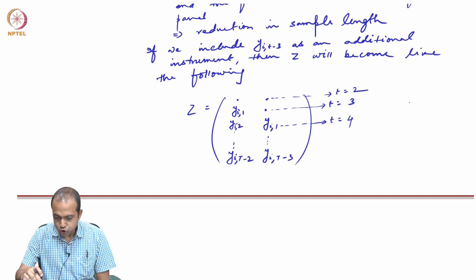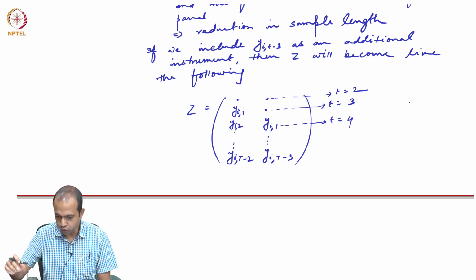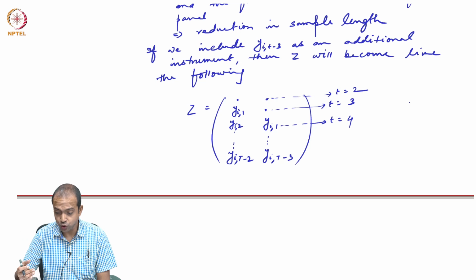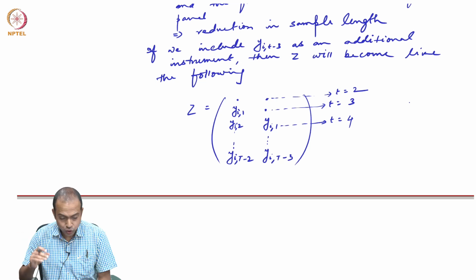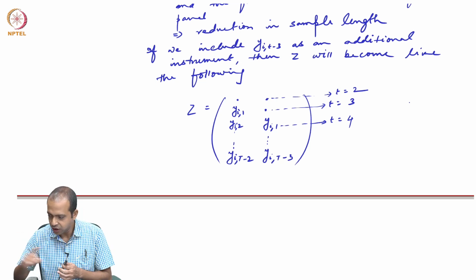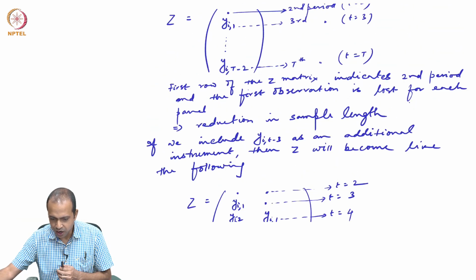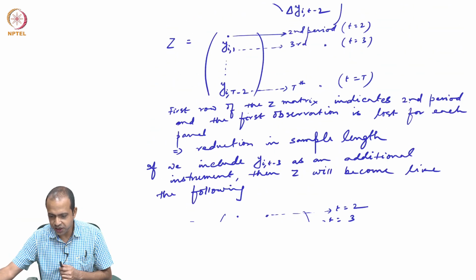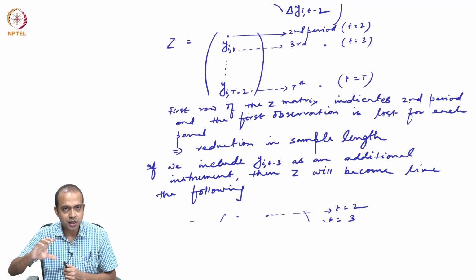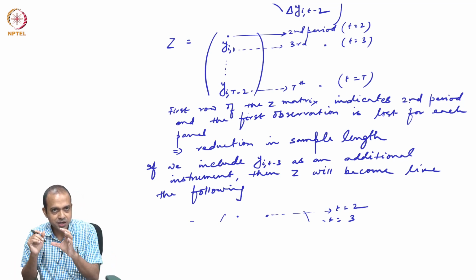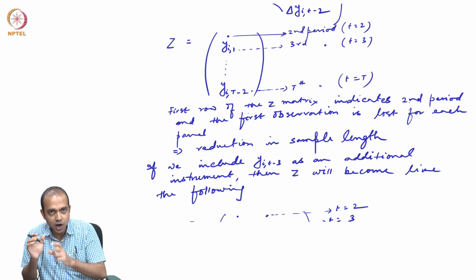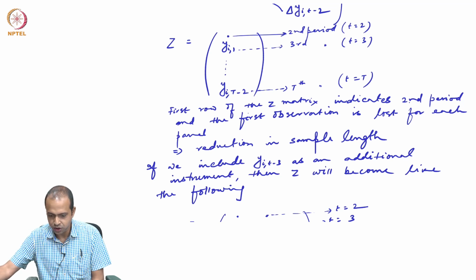That means I lost 2 observations if we include the third lag also as an additional instrument. In the previous Z matrix I was using only the second lag, which means only one orthogonality condition.